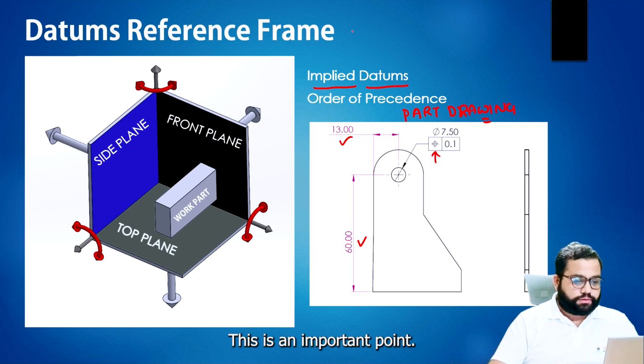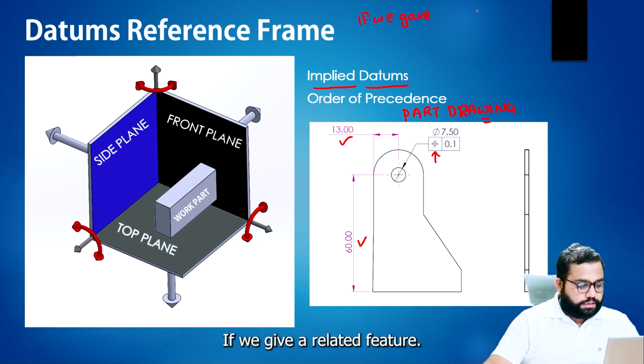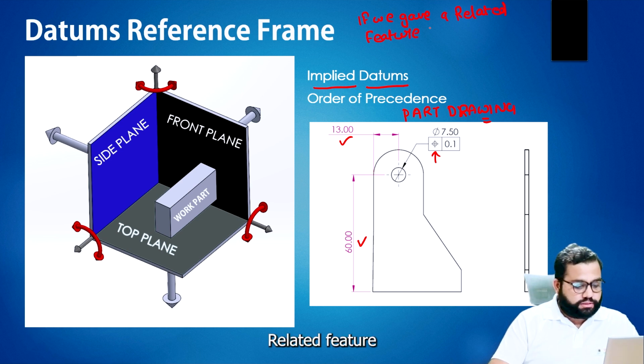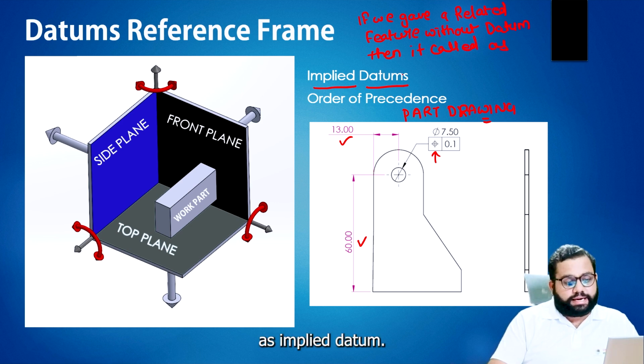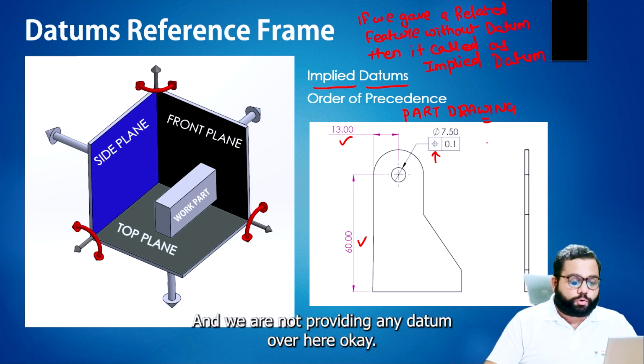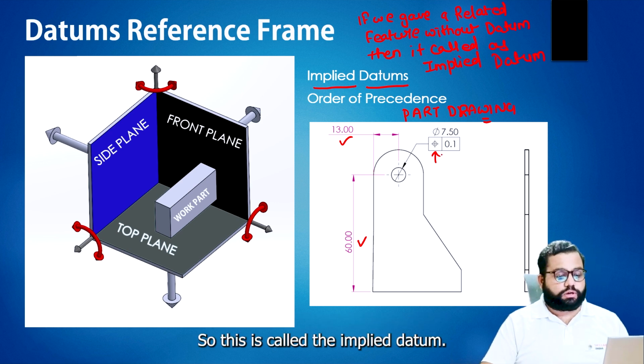This is an important point: if we give a related feature without datum, then it is called an implied datum. In this case, we are using the positional tolerance and we are not providing any datums over here. So this is called the implied datum.